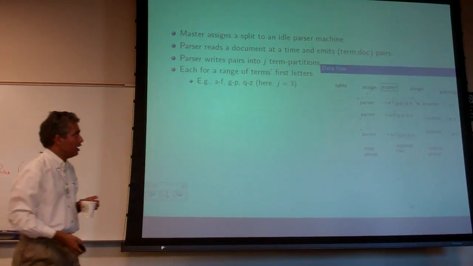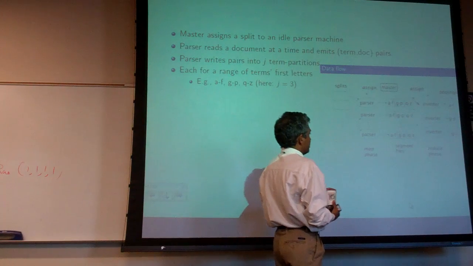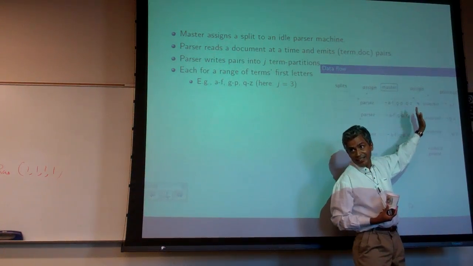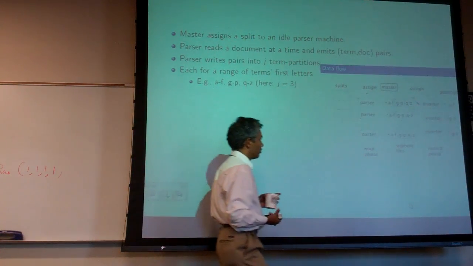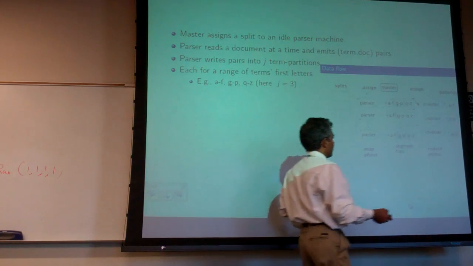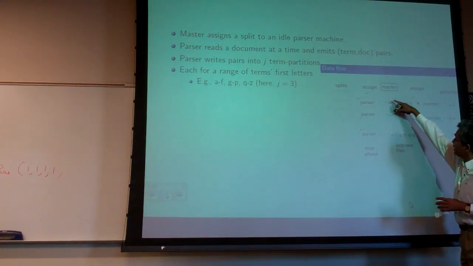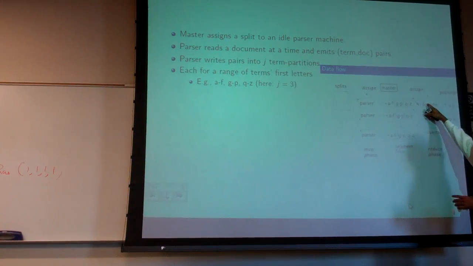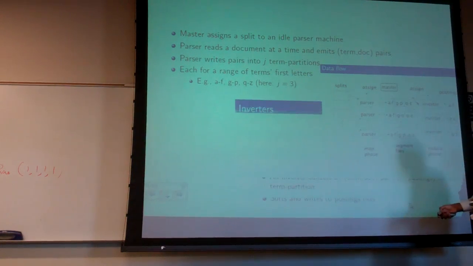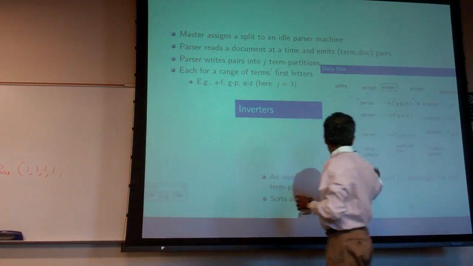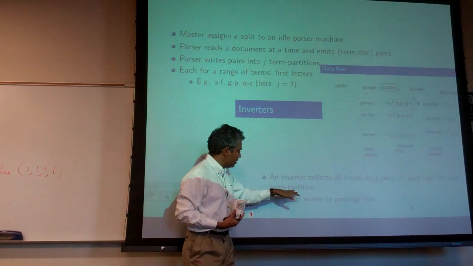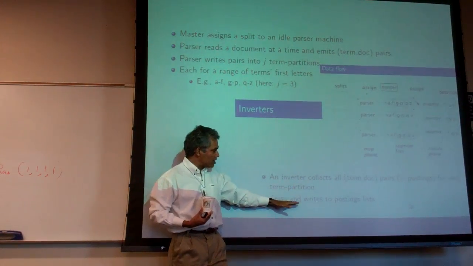Right? Okay? So obviously you might want a much larger number if you want to use more parallelism. In this case, all the A to Fs are taken, and the inverter collects all the term-document pairs for one term partition, and then sorts them.